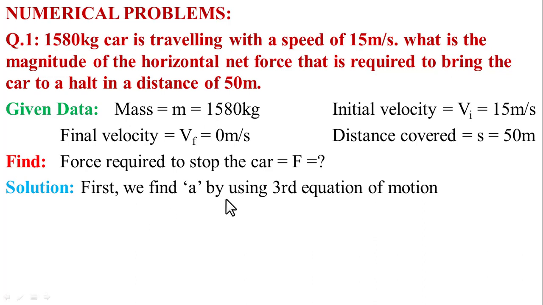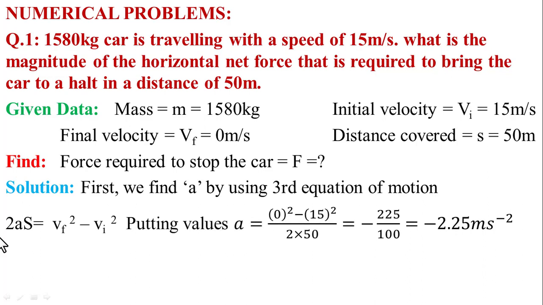First we find the acceleration A by using the third equation of motion. In the third equation of motion, we have 2as is equal to Vf square minus Vi square.